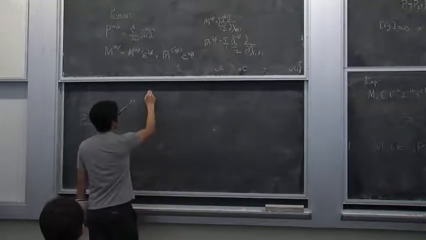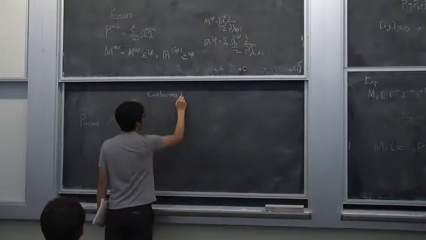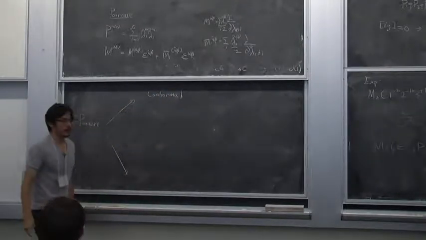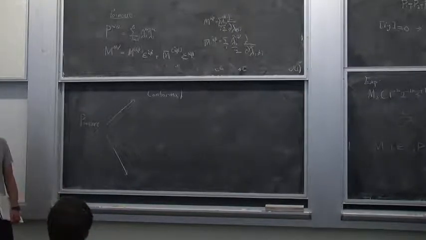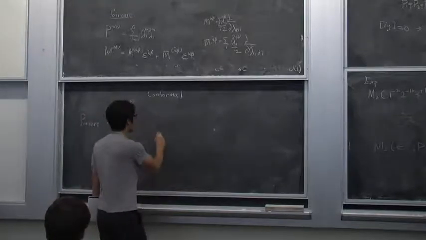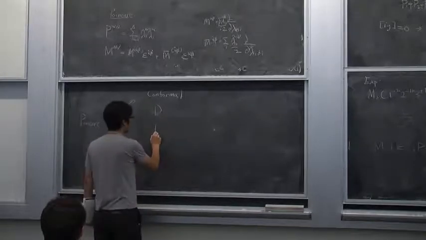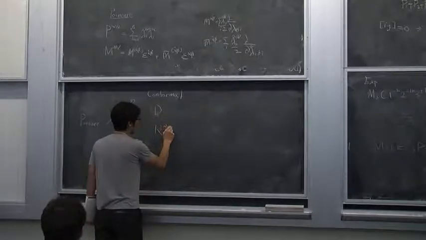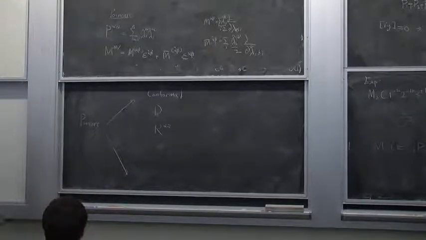First, I can make it conformal. If I want to enlarge my Poincare symmetry into conformal symmetry, then I need to add two more new generators: one is the dilatation generator, D, and the other is the conformal boost, K with indices alpha alpha dot, because the conformal boost generator is also a vector generator, similar to translation.